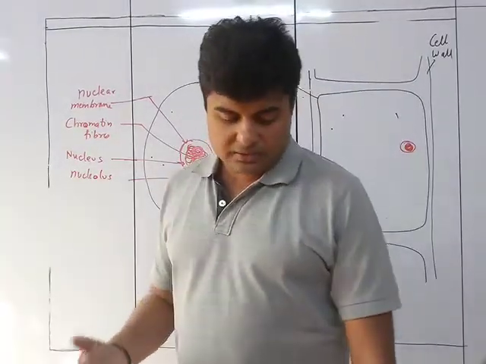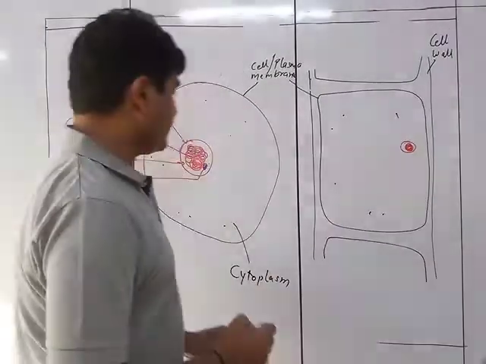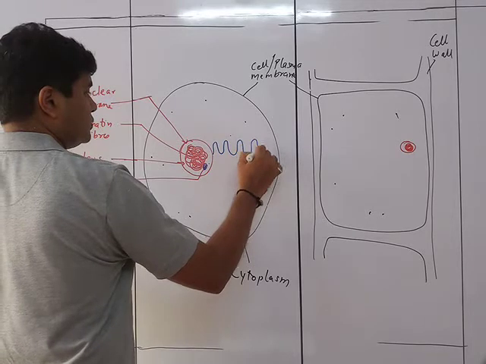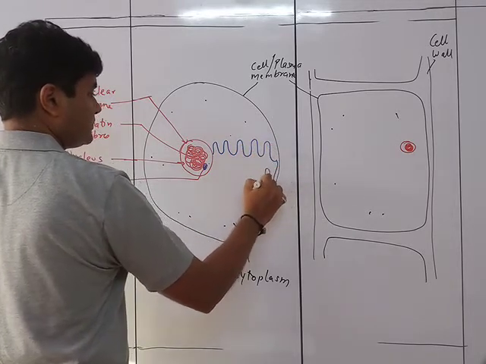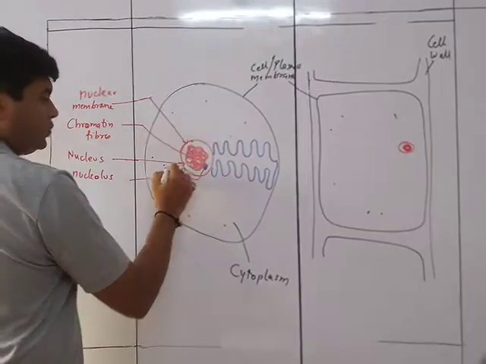Now we see the other parts from the earlier ones. The first one over here is the endoplasmic reticulum. It is something like this, maybe 2 of them.